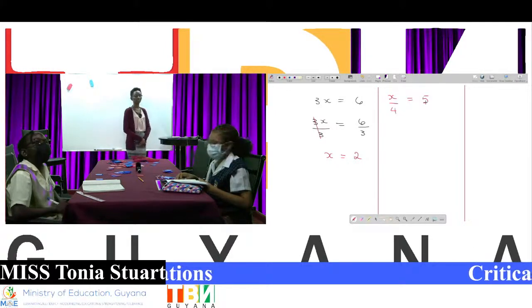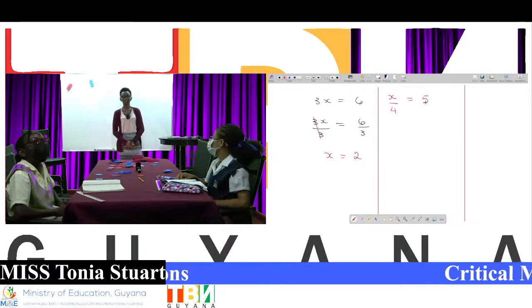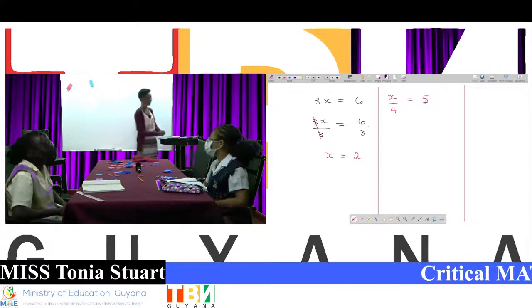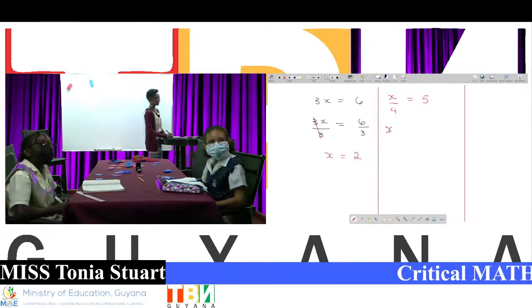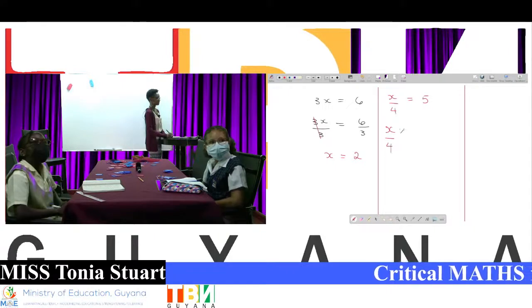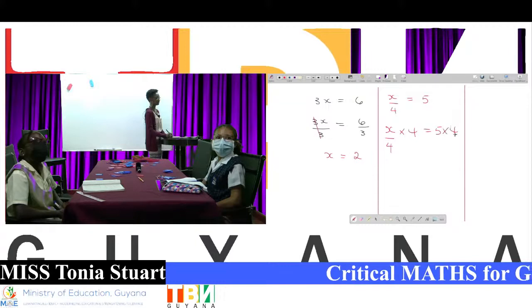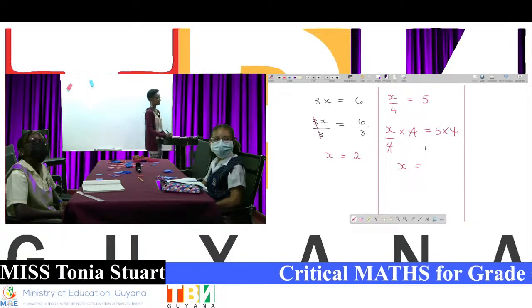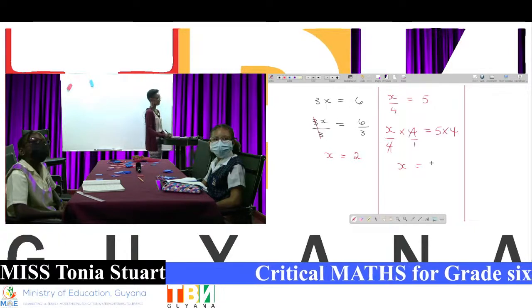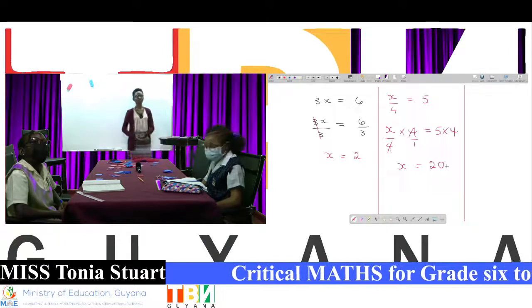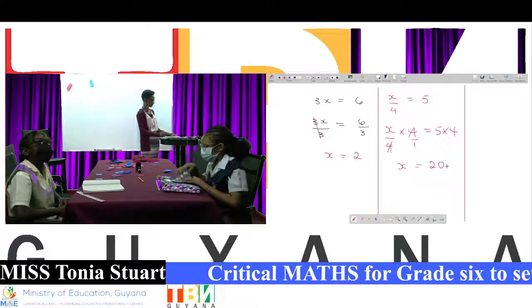So we're multiplying both sides by? 4. Great. This is x over 4 multiplied by 4 is equal to 5 times 4. The two 4s will cancel out. So we have x is equal to, remember this could be 4 over 1, right? 20. Cool.